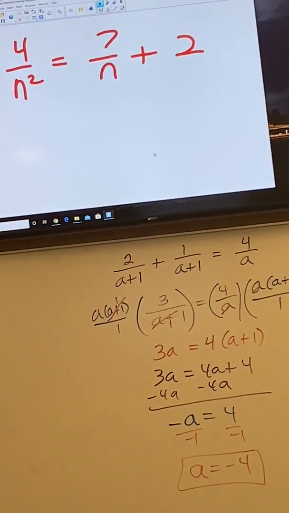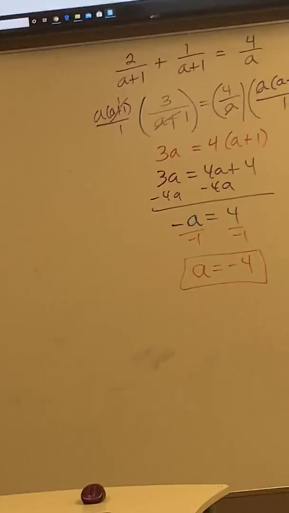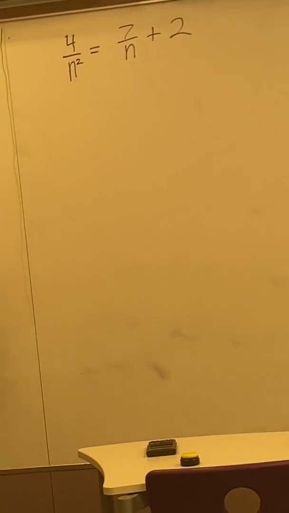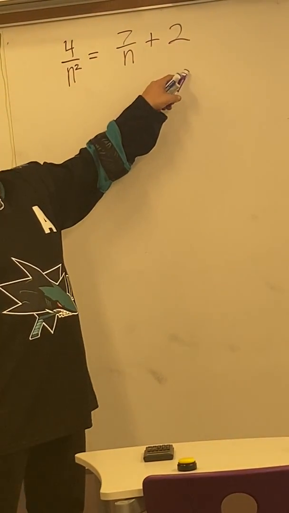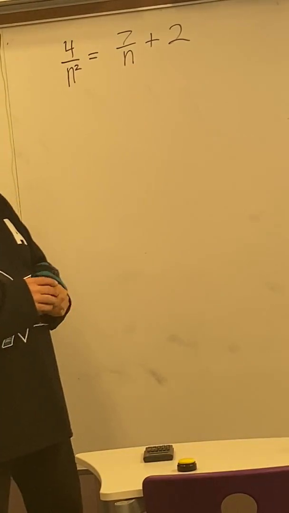I'm going to write it like this. 4 over n squared equals 7 over n plus 2. Okay. Well, 2 doesn't even have a denominator. You could put it over 1 if it makes you feel good, right? 2 over 1 if you want it to have a denominator.